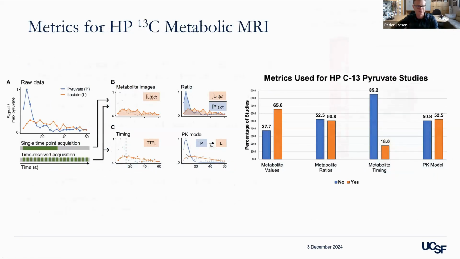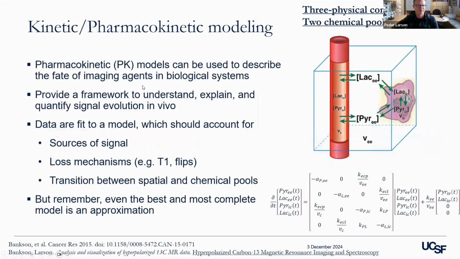I've kind of advocated for pharmacokinetic models because they have some nice biological basis you can build into them. You can build in some of the MR physics, T1 and flip angle effects. But in different people's hands, these models can be a little finicky. You have free parameters or assumed parameters.